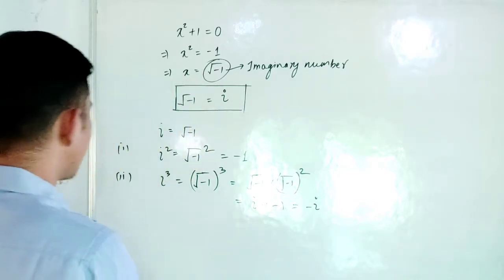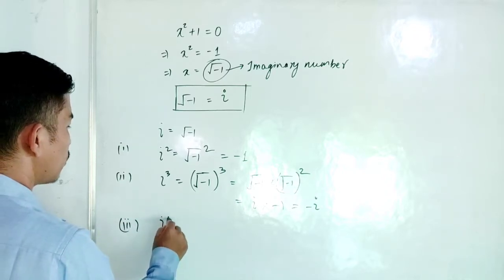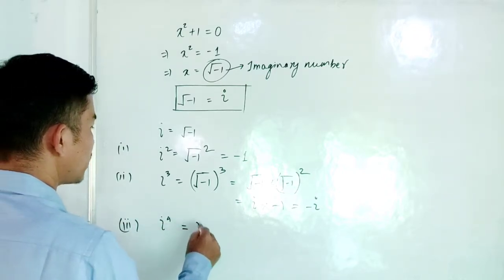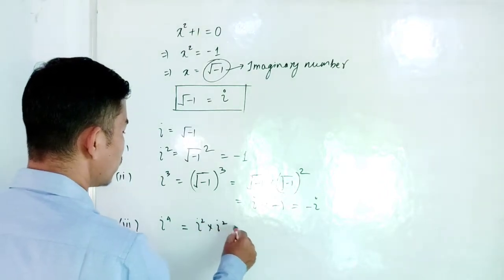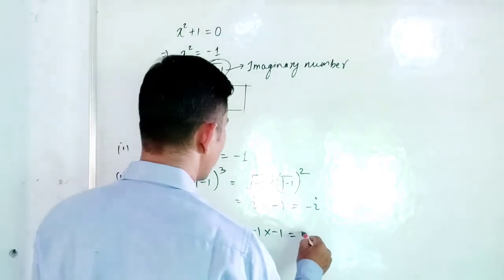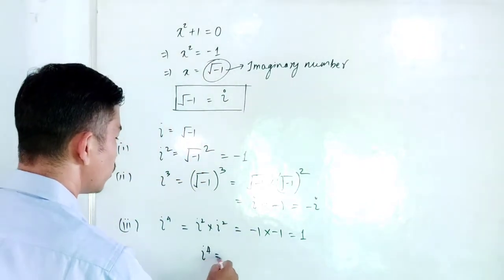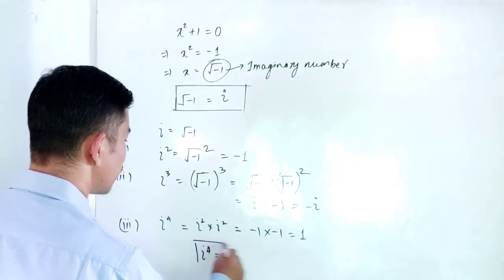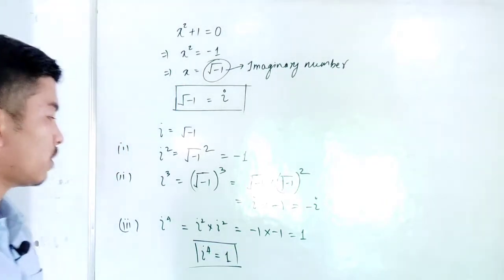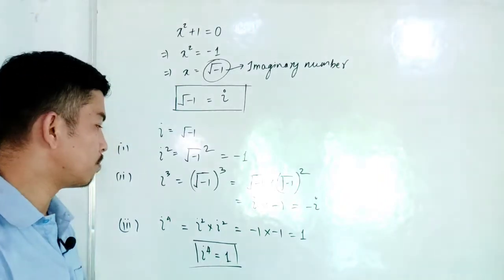Now coming to the third one, to get the value of i to the power 4, I simply write i square into i square. That gives me minus 1 into minus 1, which is equal to 1. So finally I see that i to the power 4 equals 1. This value you must remember. Therefore, i to the power of an integral multiple of 4 will always give me 1.